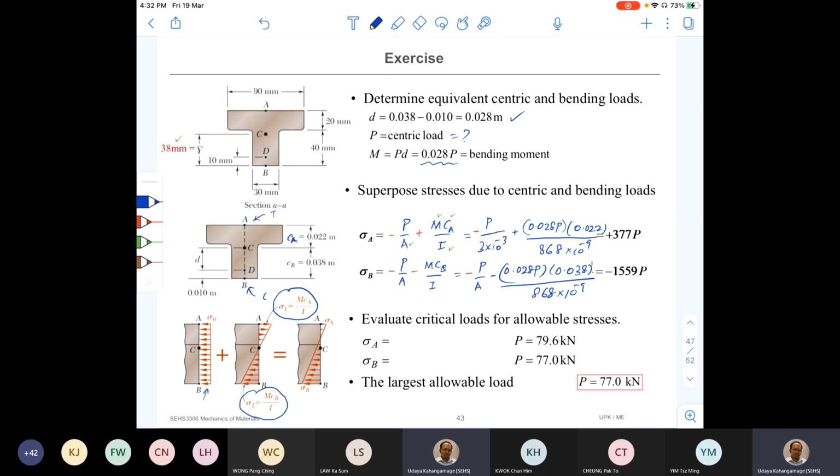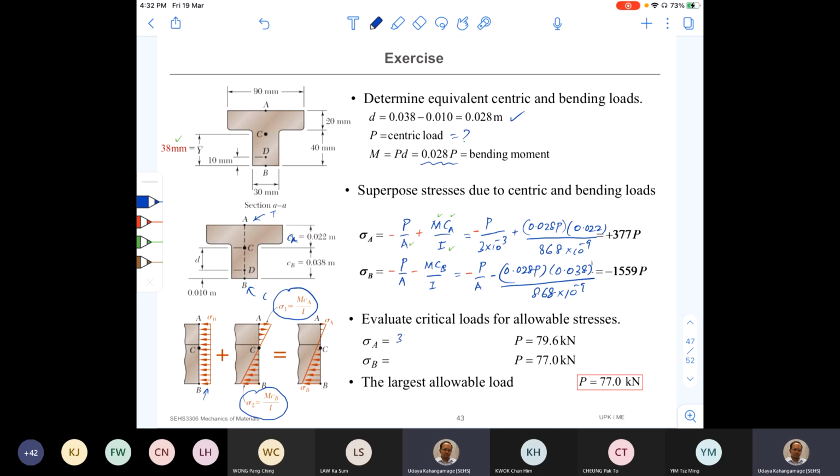That is compressive stress. Now we can find out which one is the critical load using the given maximum stresses. We should be able to find out the maximum value for P. So we know that sigma A maximum here on the top should be less than 30 megapascal because it's tensile stress.